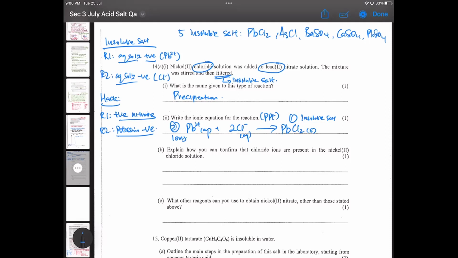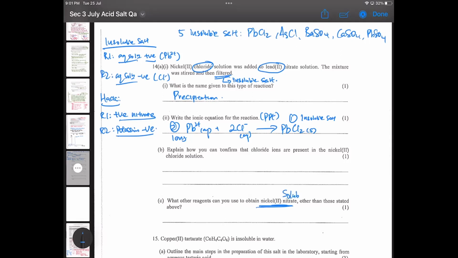Okay, next. Let's keep to C first. What other reagent can we use to obtain this, other than those stated above? Nickel-2 nitrate, this guy here is soluble. This is like a random plug-in.